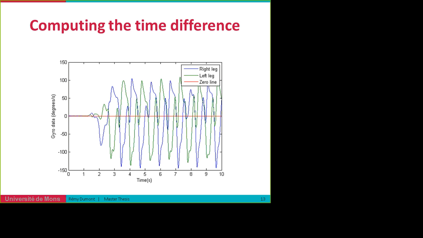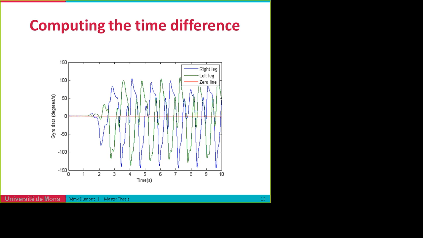Then we obtained these curves, which are much smoother, and we were able to find the negative zero crossings referring to minimums of the thigh angle shape. The curve has been delayed by the filtering step, but as the delay is consistent between the two curves, the synchronization remains exactly the same.